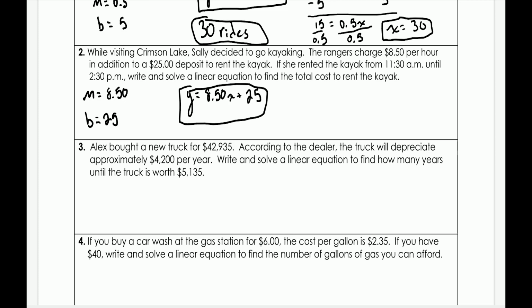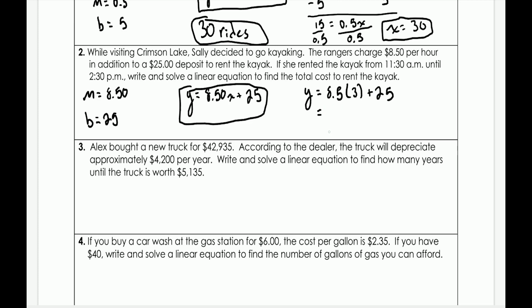So what you have to do is evaluate this equation at x equals 3, or 3 hours. So we have y is equal to 8.5 times 3 plus 25.